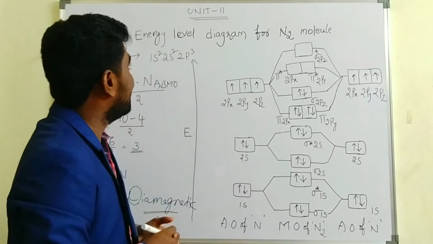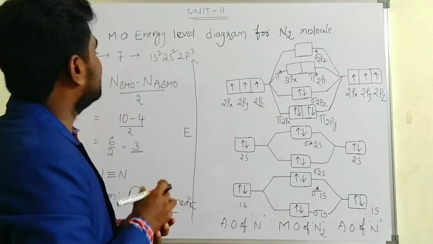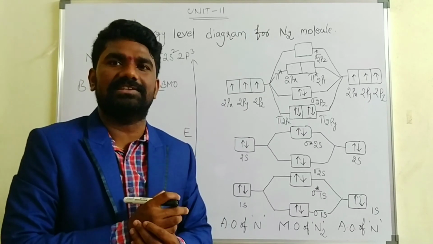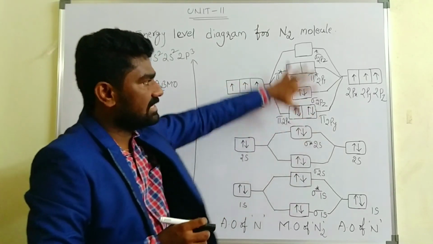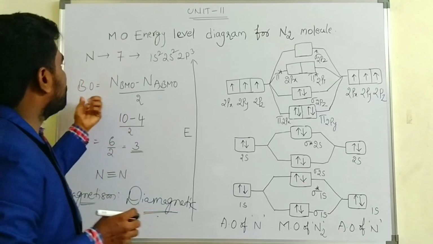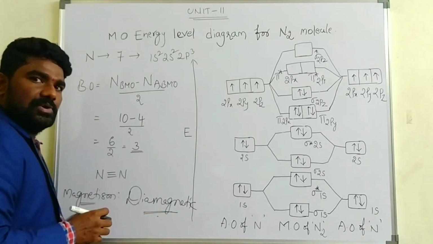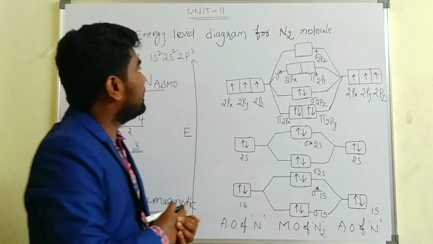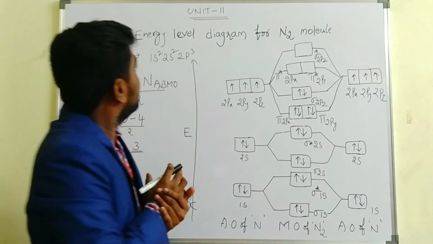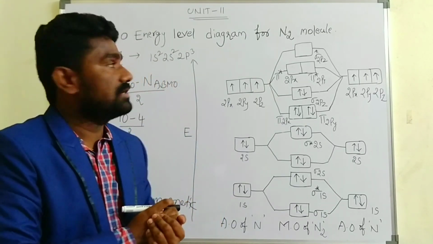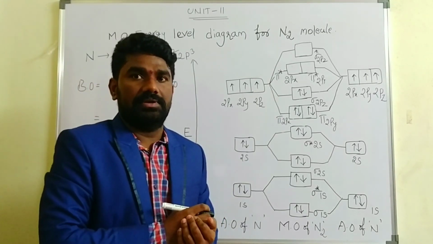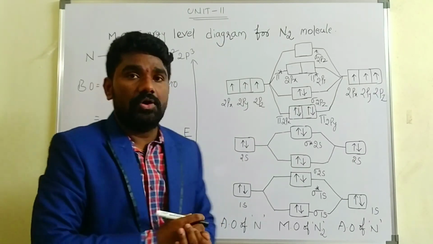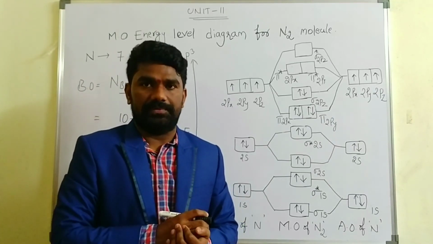If they ask a question like, can you construct the molecular orbital energy level diagram for the nitrogen molecule, in the examination, you can construct it like this, calculate the bond order and discuss the magnetism. You will get full marks. This is the information regarding the MO diagram for the nitrogen molecule. In the next class, we'll discuss the molecular orbital energy level diagram for oxygen as well as fluorine.